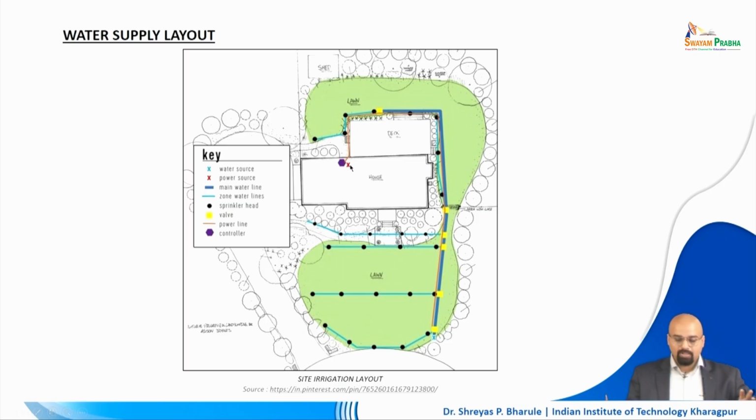So, this is all the layout particularly for your landscape area. In the lawns you have all of these connections going down and then you are going to have multiple sprinkler heads which will be irrigating your lawns, right. So, this is one example where you will be irrigating the larger landscape, or the lawns which are maybe in your house, right.